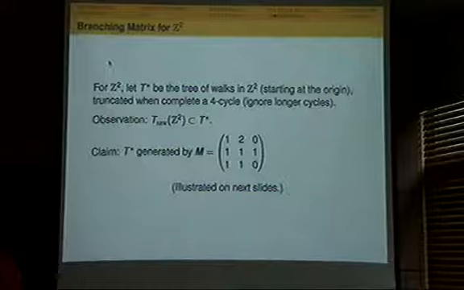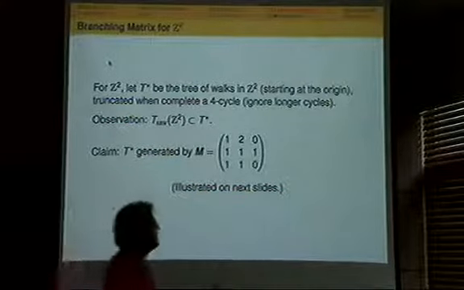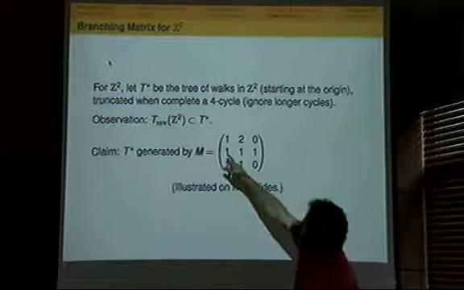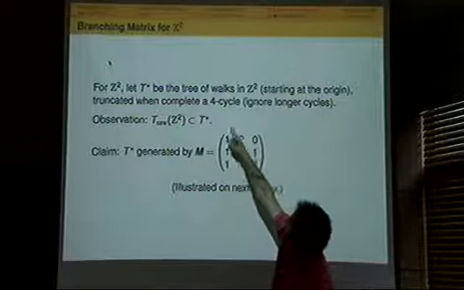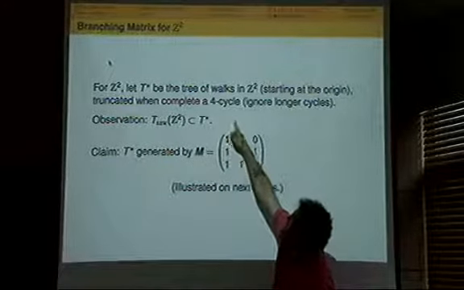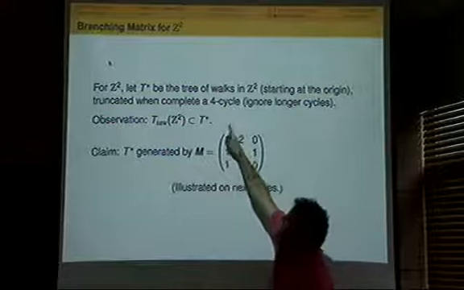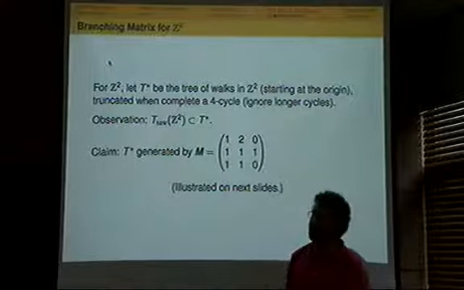Okay? If I complete an 8 cycle or a 16 cycle, I don't worry about it. I only stop when I complete a 4 cycle, okay? So this is going to be a super graph of the self-avoiding walk tree. Then it turns out that you can describe the family of trees that you create there by this simple matrix, okay?